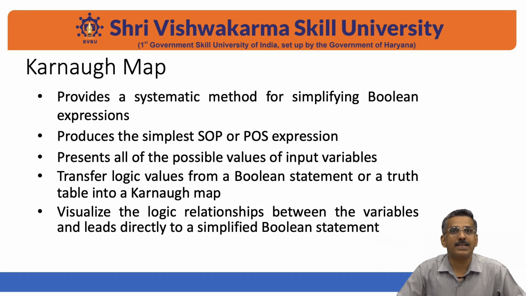K-map represents the transformation of all the values available in the Boolean truth table into the K-map table. In this method, we can have the representation of every value which is available in the truth table inside the Karnaugh map table. The Karnaugh map table will be the representation of the two values, that is 0 and 1.